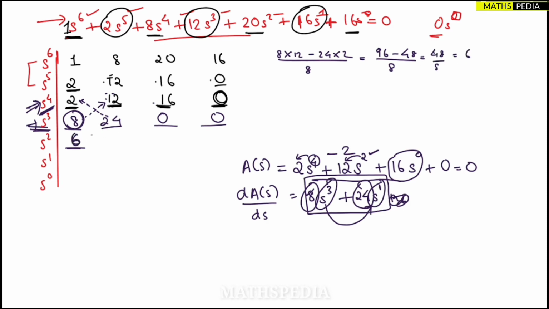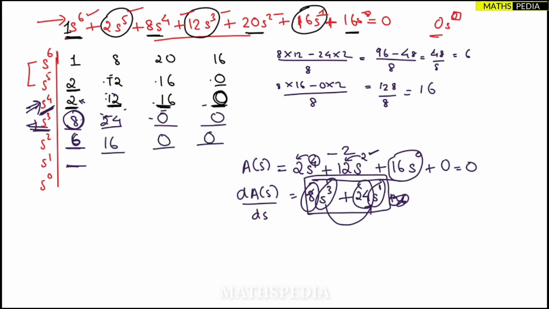Now the next one, 8 into 16 minus 0 into 2, divided by 8. 128 divided by 8 becomes 16. So this element becomes 16. These two elements will be 0. If you multiply and see also, 8 into 0 minus 0 into 8, it will be 0 only.